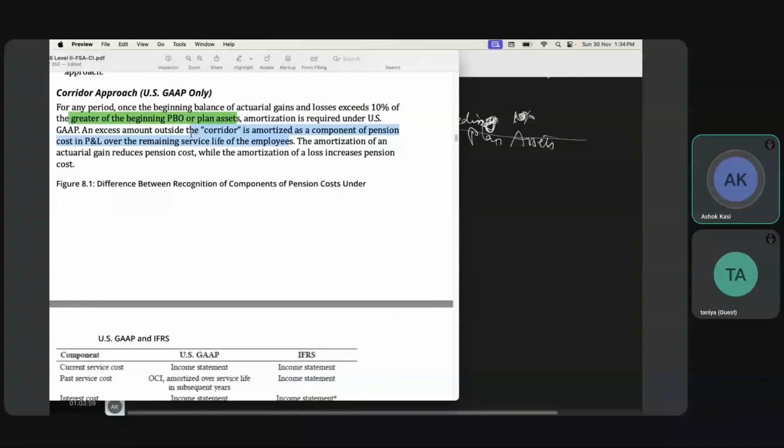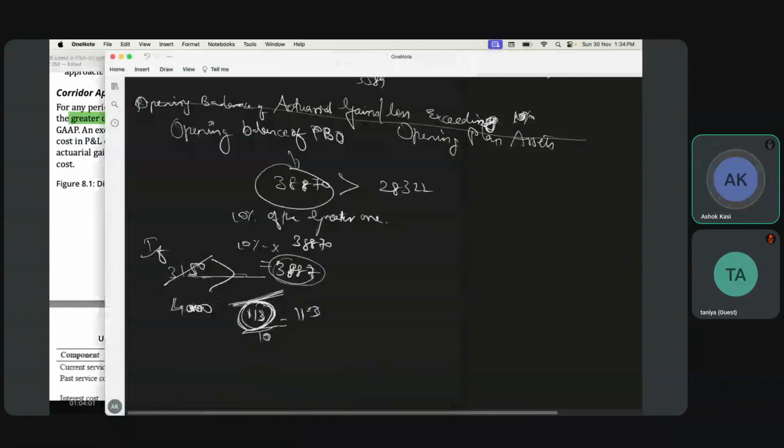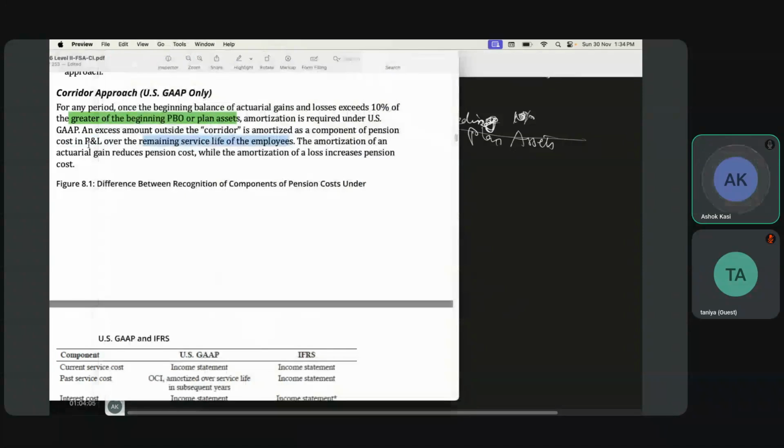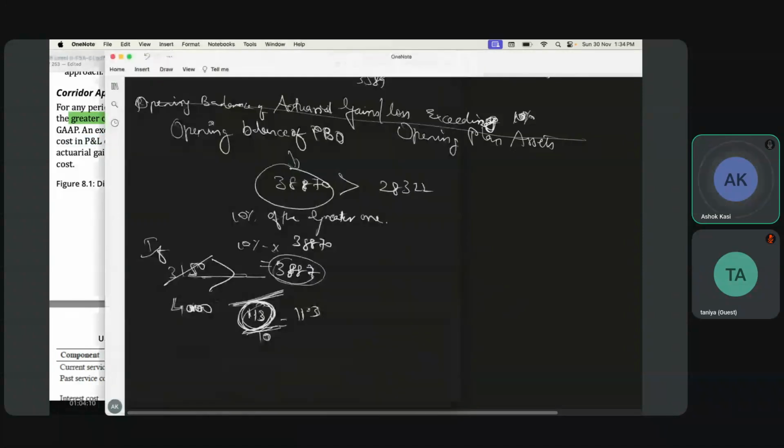Let's say he's going to work for 10 more years. So for 10 years, this extra amount will be shown in the income statement, profit and loss. It is amortized. So this will be in the P&L, income statement of US GAAP. Every year 11.3 they will show.